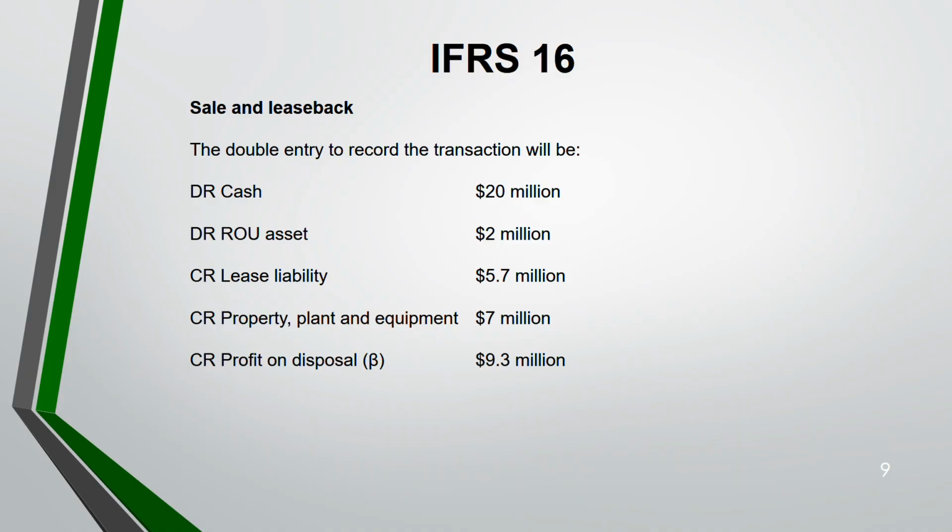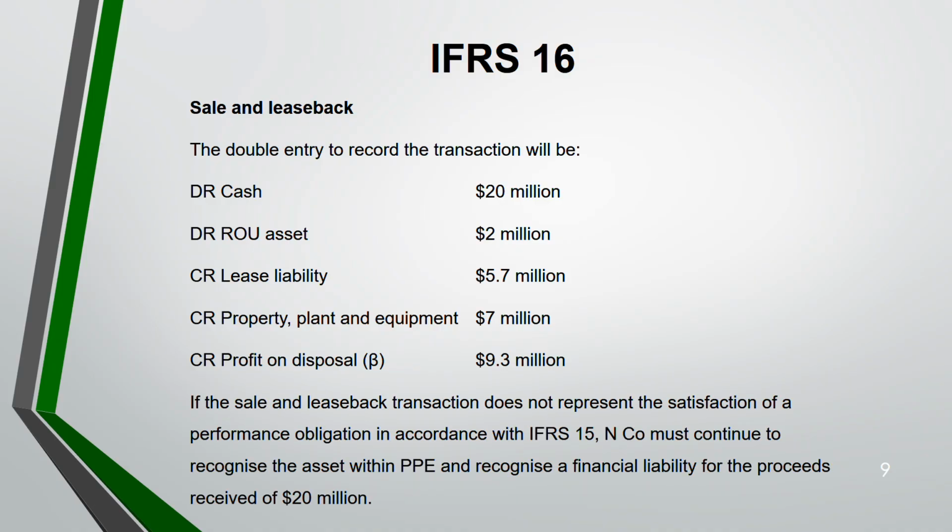And you have to credit the profit on disposal. Remember, this is a balancing figure. Your debit side has to always balance your credit side. So it's the profit on disposal, because the balance came on the credit side. Okay, 9.3.